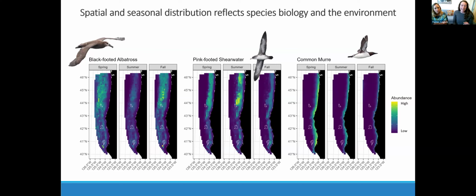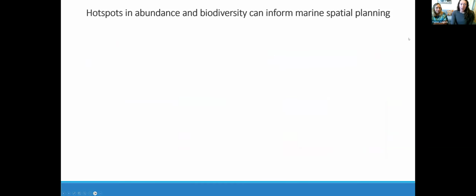While it's really interesting to think about the story of each of these animals individually, and as biologists we are fascinated by this and can nerd out for a long time about any one of these particular maps, when we think about how to bring this all together or integrate it for some application, it can be really helpful to think about where there are hotspots in all of these species distributions.